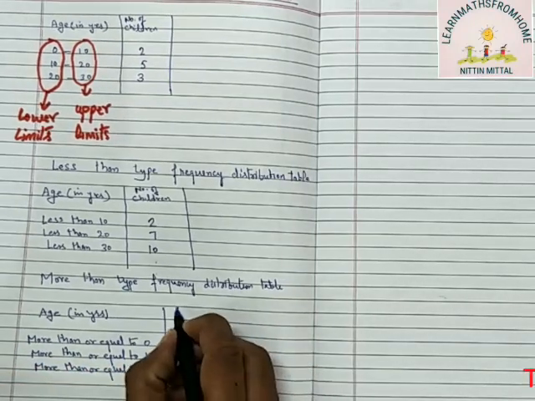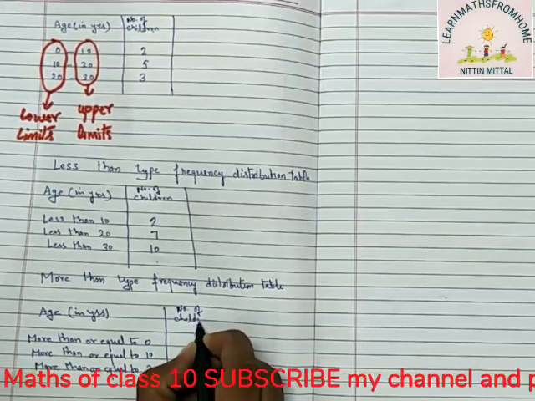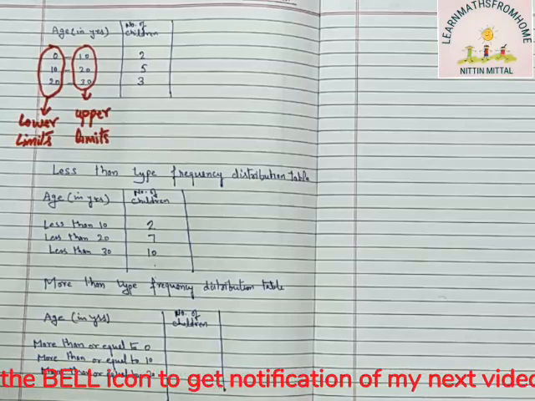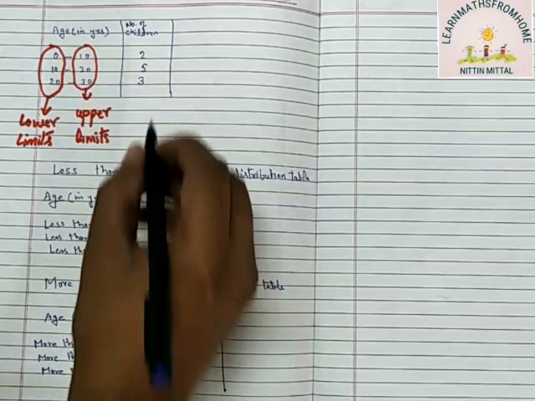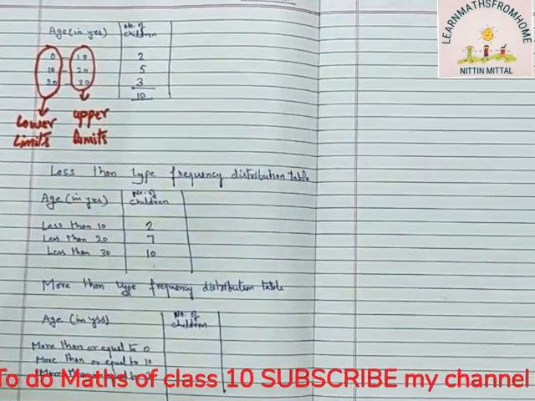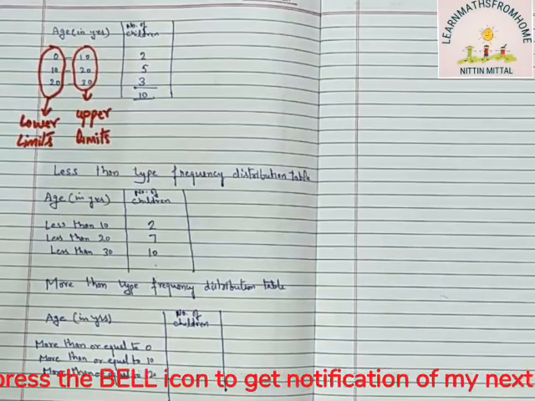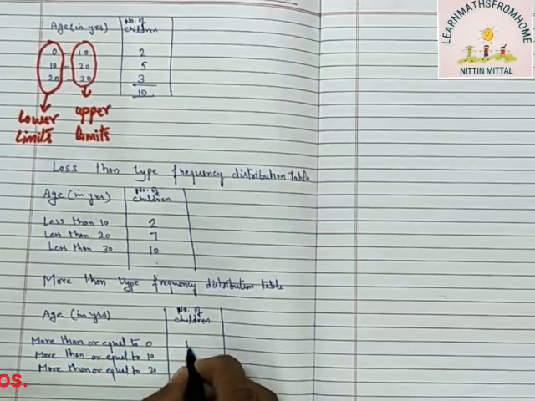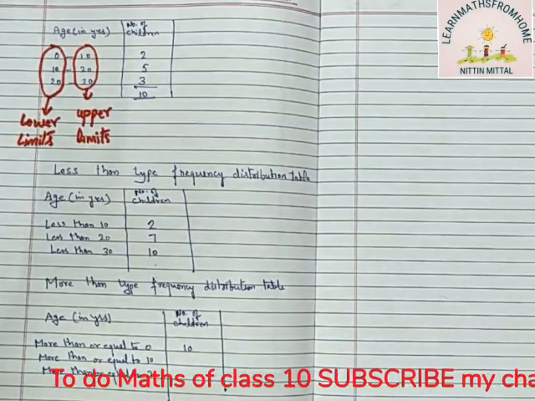So how to calculate cumulative frequency, number of children? Now more than 0. So according to this information, all the students, total students are more than 0. So total are 10. So all 10 students are 0 or more than 0 years old, right? So what we will write here? We will write sum of frequencies. We will start with sum of frequencies.